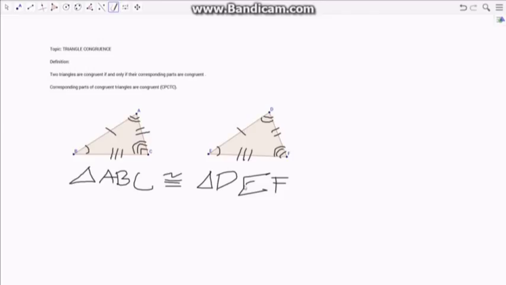So we can say that triangle ABC is congruent to triangle DEF.